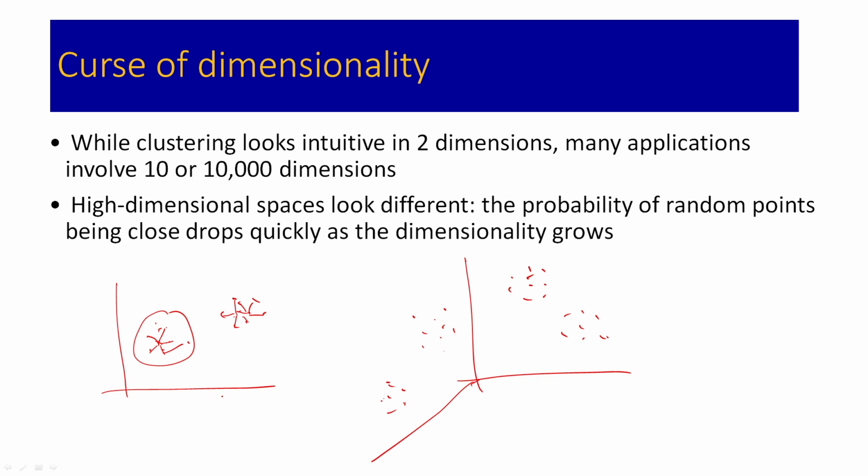Sometimes hyperdimensional spaces look very different, and the probability of random points being close drops quickly as dimensionality increases. That means the probability of finding a close point when you place a centroid, like this cross, in a high dimensional space is very low.